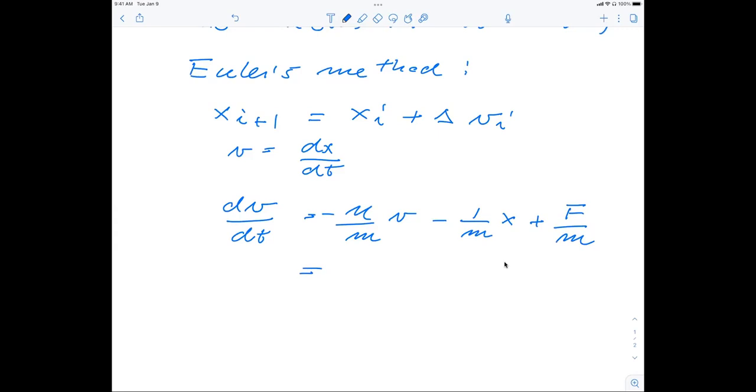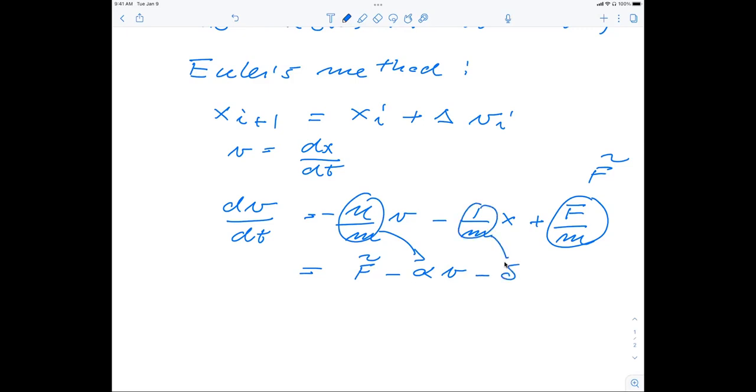And I'm just skipping the time dependence here. So this is something which we could rewrite as an f tilde, where this f tilde is defined by this quantity here, f divided by the mass, minus a parameter alpha times the velocity, where alpha is given by this ratio, and then I have a parameter delta, where delta is given by this quantity multiplied with x.